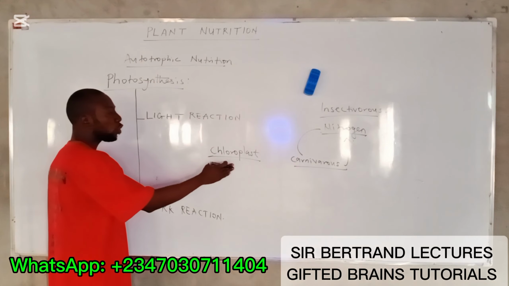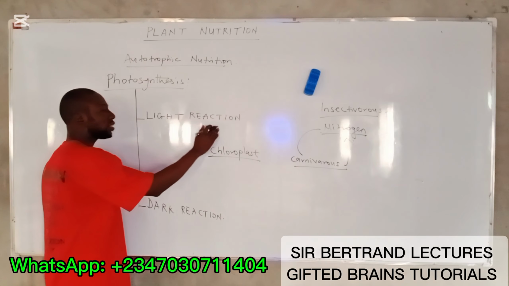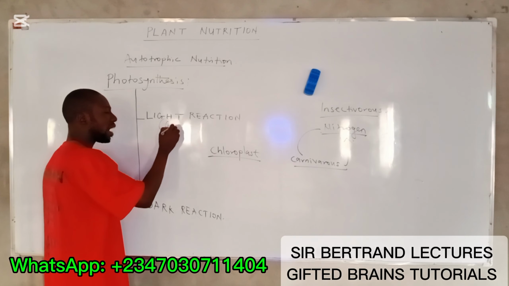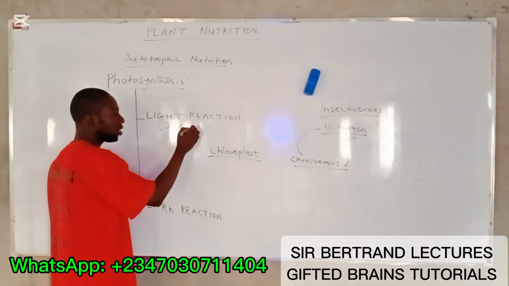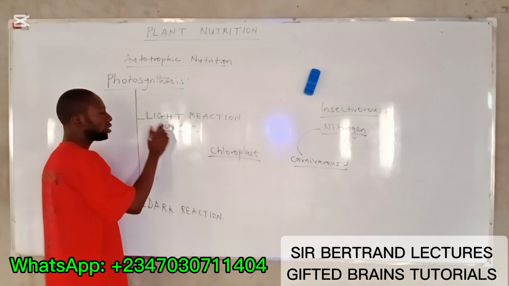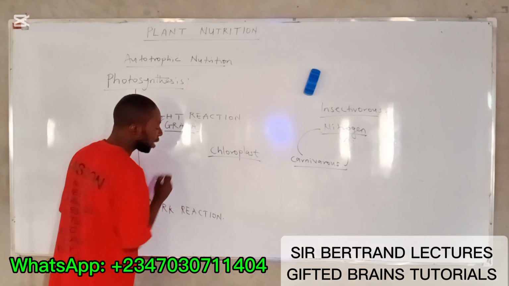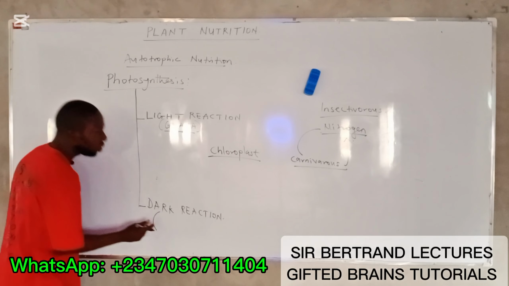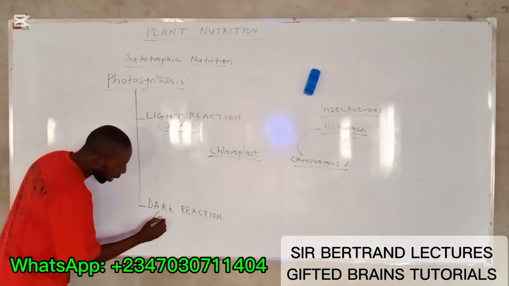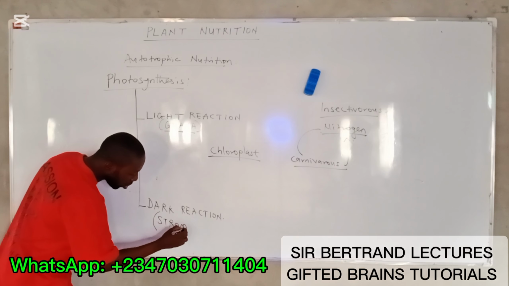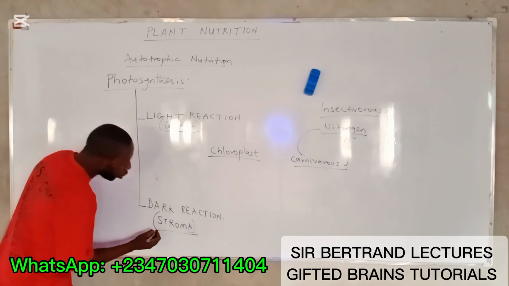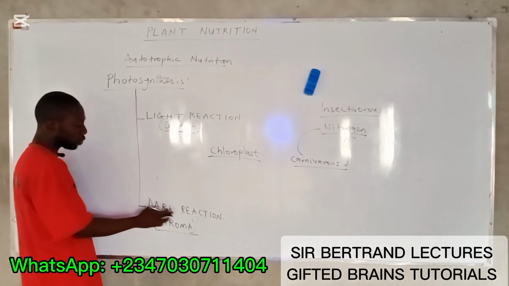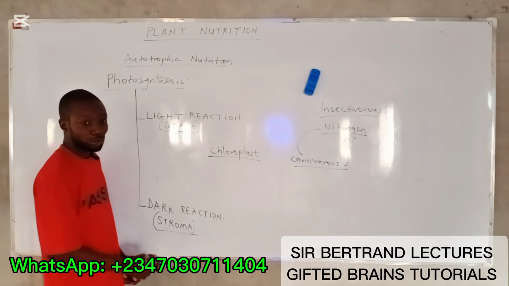But the part of the chloroplast where the light reaction takes place is known as the grana. The light reaction takes place in the grana, while the dark reaction takes place in the stroma of the chloroplast. The part of the chloroplast where the dark reactions occur is known as the stroma.